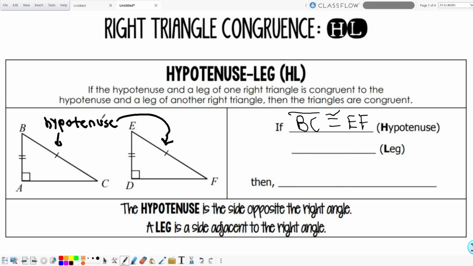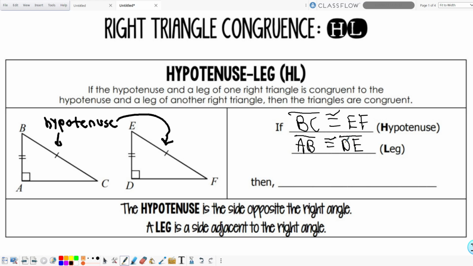But if you know that between the two triangles they have the same leg measure, so in our picture here, it would be that AB is congruent to DE. That alone is enough to prove that the two triangles themselves are congruent.